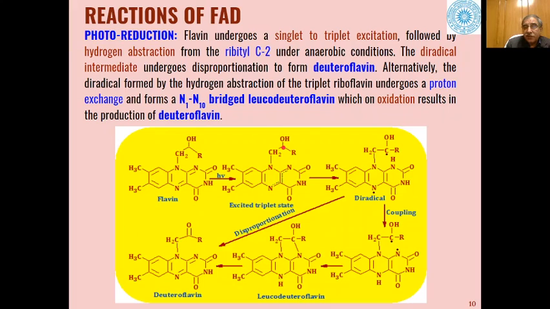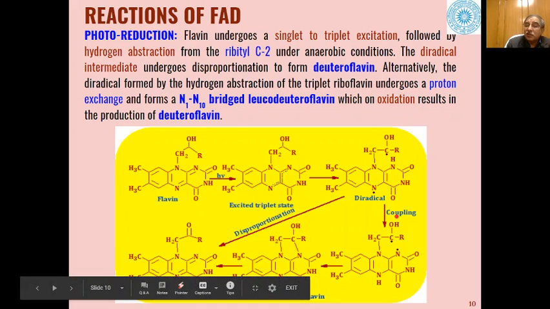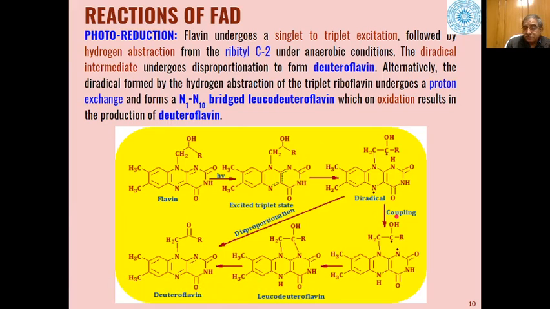One H from here will be eliminated as an H radical. This will form a radical at the carbon, and then one radical will be formed at nitrogen 5 with the movement of the other electrons to give us this type of diradical. And this type of diradical can either undergo a coupling reaction.